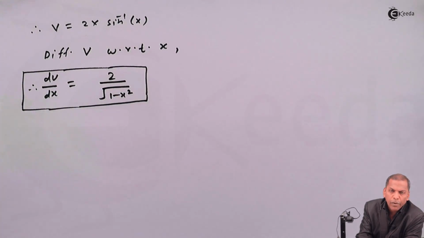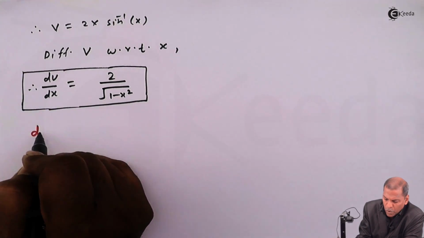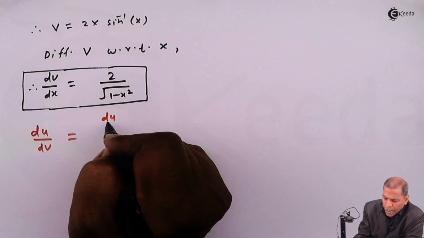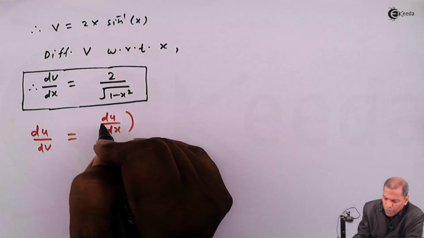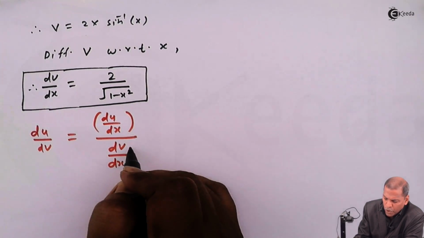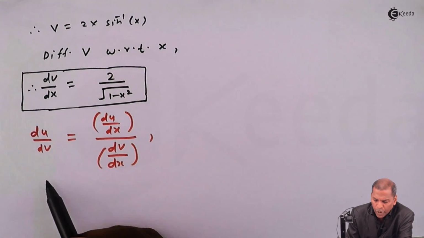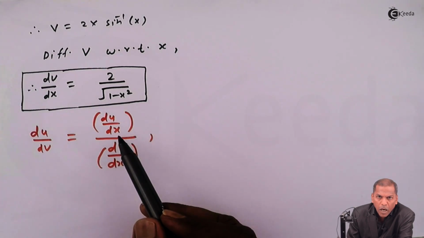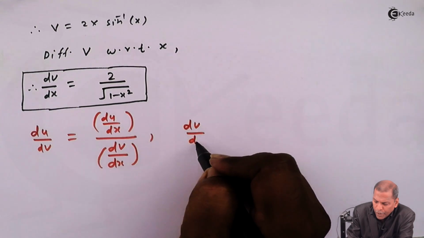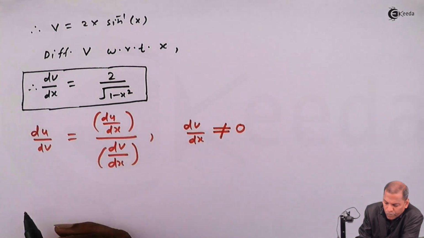Now we use the theorem which is based on parametric function, that is du upon dv can be written as du upon dx upon dv upon dx. Therefore, du upon dv is equal to du upon dx upon dv upon dx, provided that dv upon dx is not equal to 0.